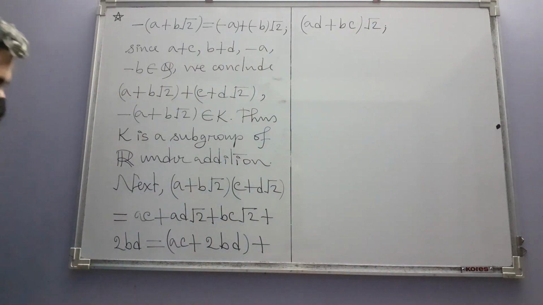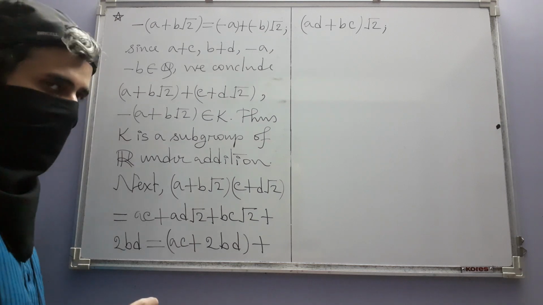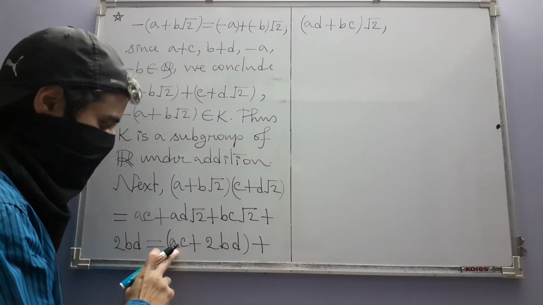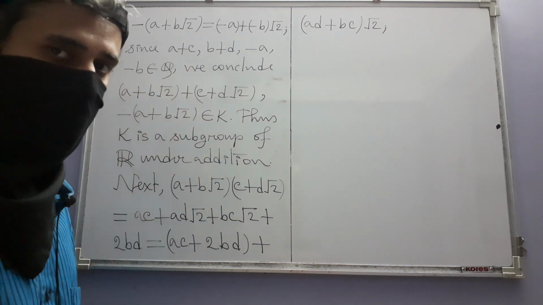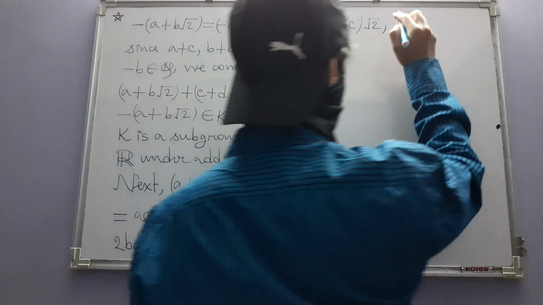So again, because a, b, c and d are four rational numbers, so ac plus 2bd and ad plus bc are also two rational numbers.